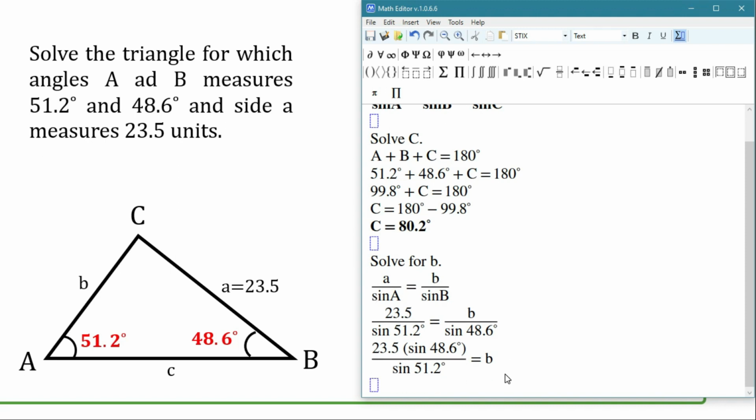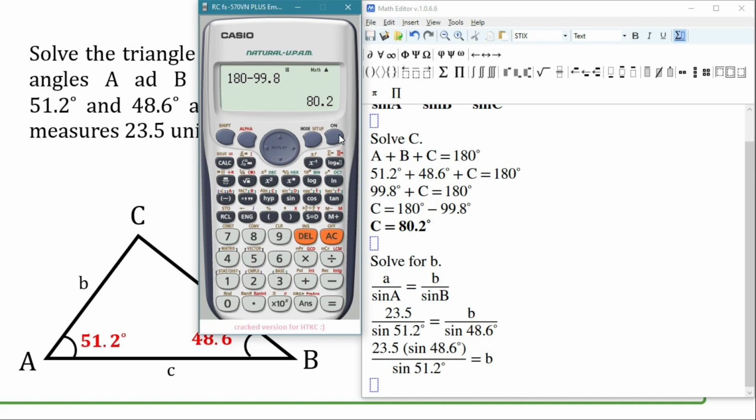So, simplifying all this, pwede naman natin siyang idiretso actually sa ating calculator. That is 23.5 multiplied by the sine of 48.6 degrees over the sine of 51.2 degrees.